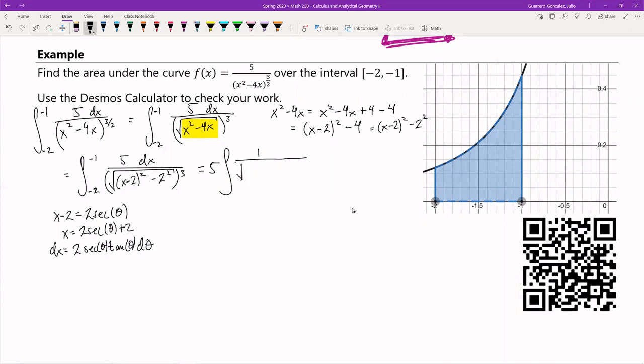I'm not going to put the lid on it yet: 2 secant theta, quantity squared, minus 2 squared. Now I'm going to put the lid on it: cubed. And now I need the dx, which is this mess right here, so times 2 secant theta tangent theta d theta.